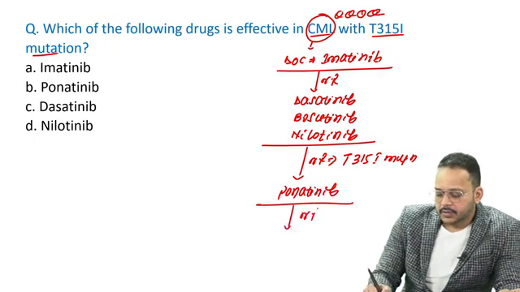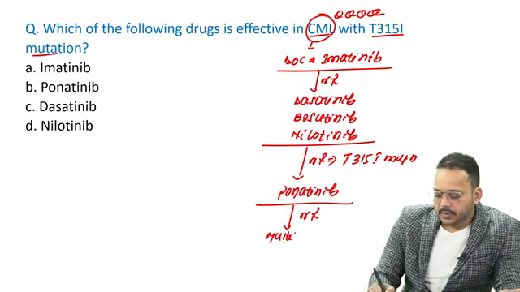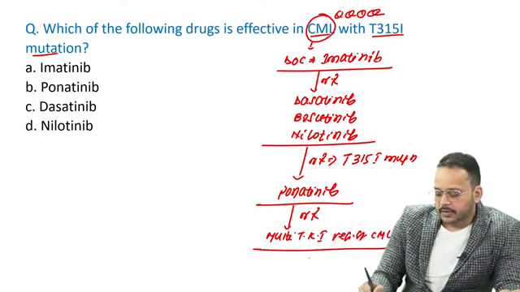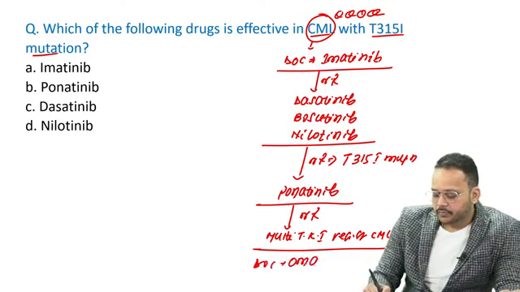If still there is no response, then I can call it multi-tyrosine kinase inhibitor resistant CML. Here, drug of choice is omacetaxine.